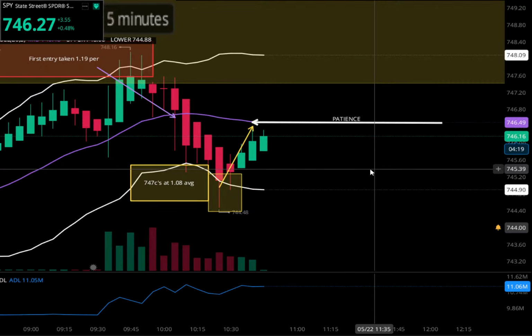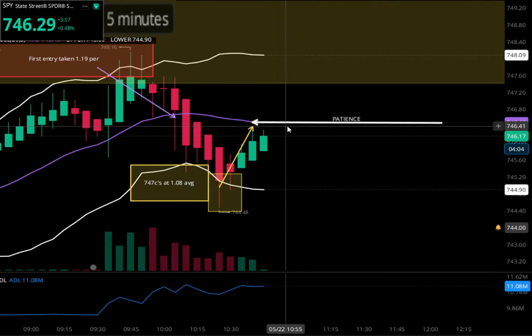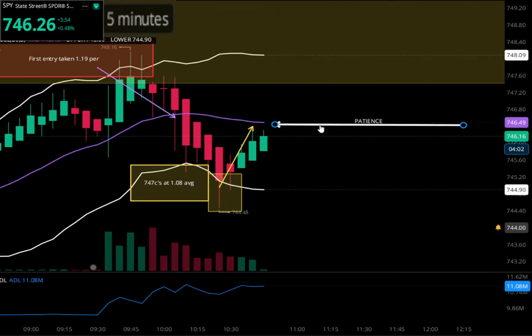Currently we have it set to the 746.49. We're going to set it to the 746.45, because we always want to make sure it's slightly below where the actual 20 mile is so that we ensure we get our exit.